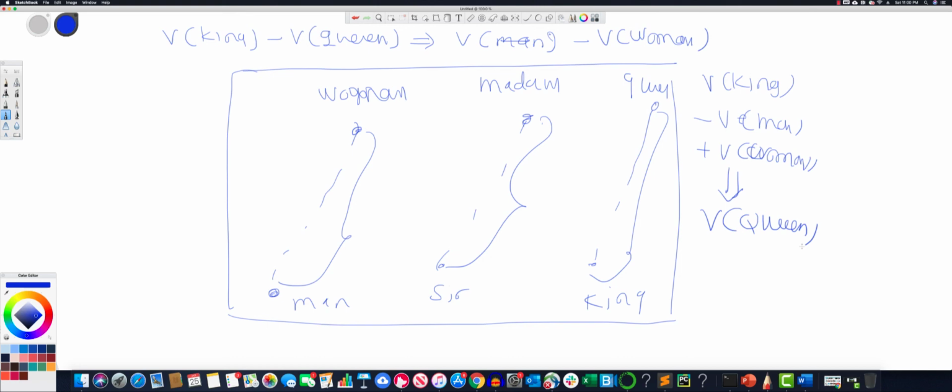So we can always find the nearest neighbor. For example, the nearest neighbor of man would be sir or king. The nearest neighbor for woman would be madam or queen. Similarly, Paris and England could be close, and maybe USA could be somewhere far, right?